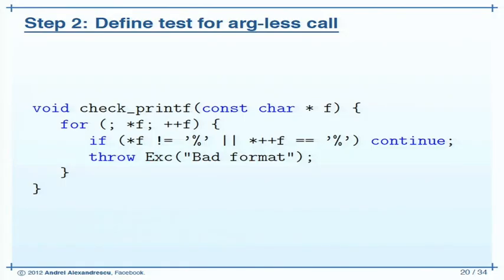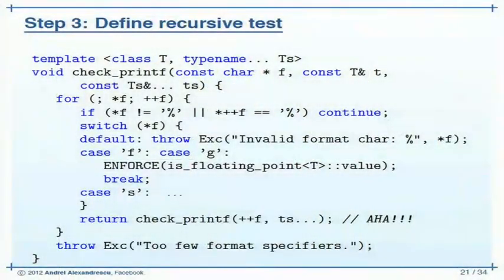Very simple. And now, careful here, we're going to the recursive case. That again is not real recursion, right? But we're going to the recursive case where the way it works is, check printf. OK, so let's see. We have the formatting argument, the format. We have the first type, the first value that you pass to printf. And we have 0 or more extras.